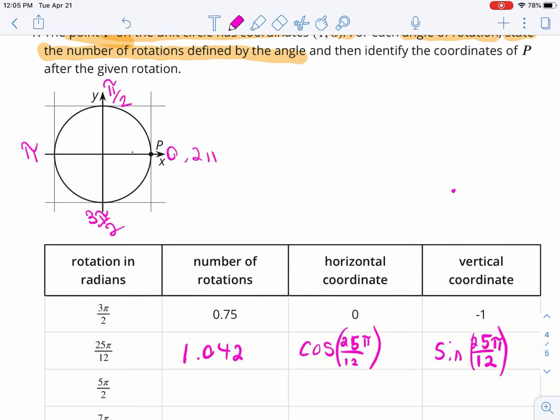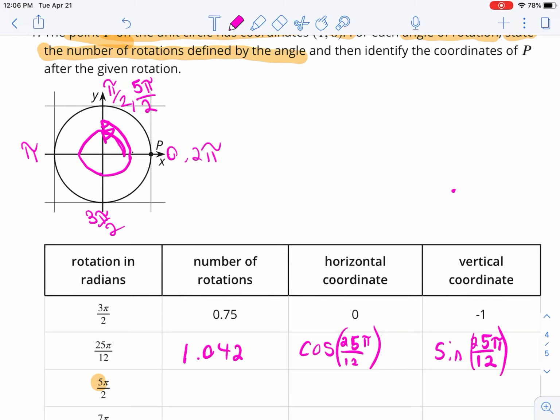If we think about it in terms of halves, this angle right here is 1/2, and what we're doing here is going 5 of those. So we're going 1, 2, 3, 4, 5. This is also 5 pi over 2, 5 halves.